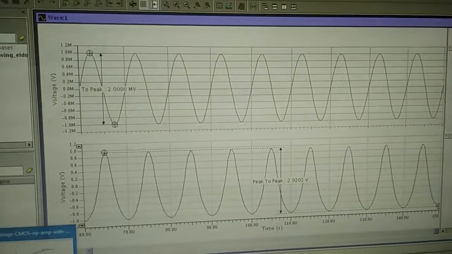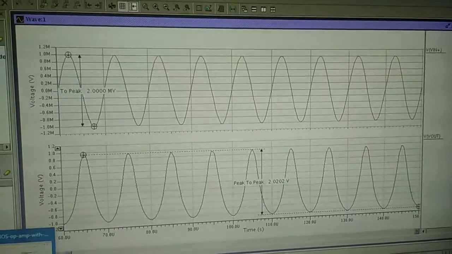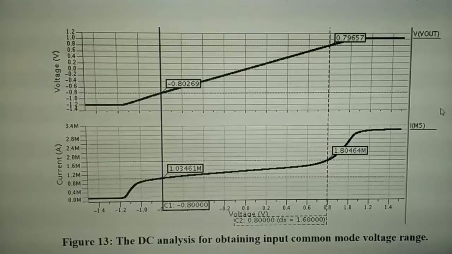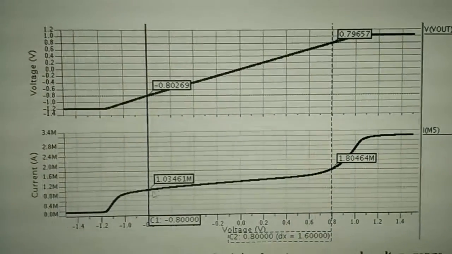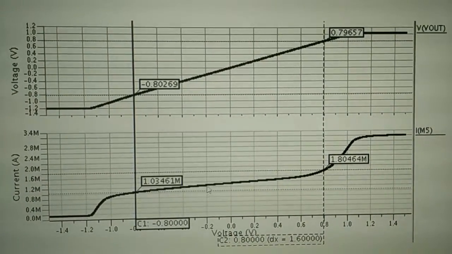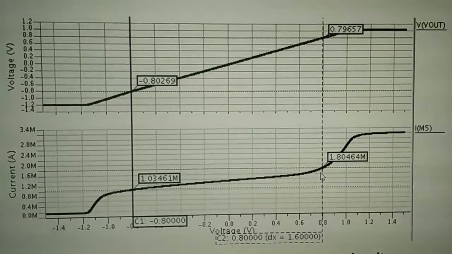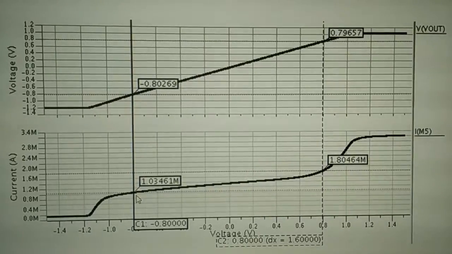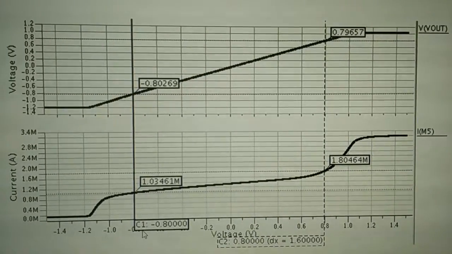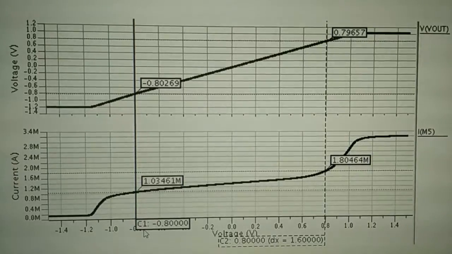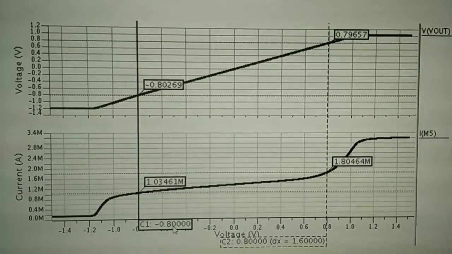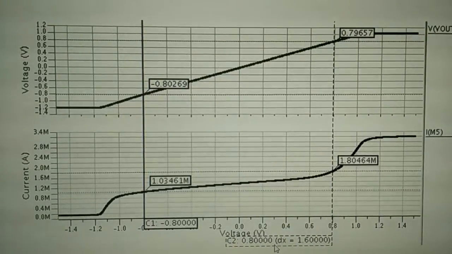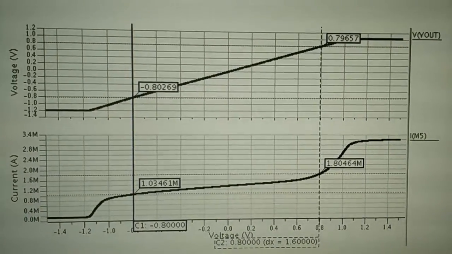After that, we will run through the input common mode voltage range simulation, and this is the result that we get. Here we can see that the current at M5 is almost constant. The result that we get for the minimum input common mode voltage is negative 0.8 volt, while the maximum input common mode voltage is 0.8 volt.